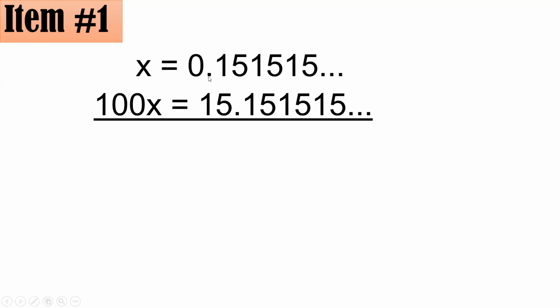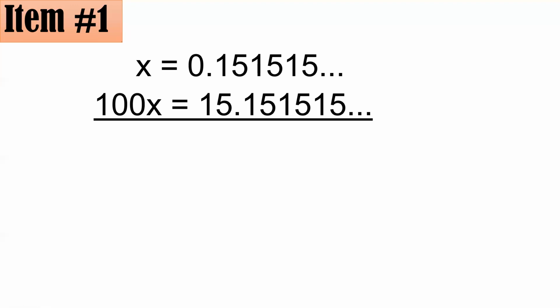So from here, the decimal point moves 1, 2, and the new position of the decimal point will be here. That's why you have 15.151515 and so on. Take note that it repeats forever.